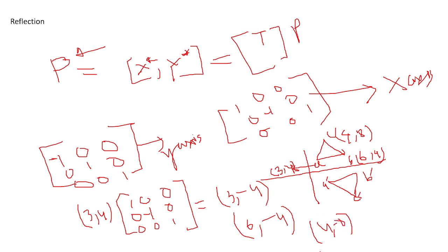So the new coordinates we are getting as A dash, B dash and C dash are 3 comma minus 4, 6 comma minus 4, 4 comma minus 8. Okay, so you need to be careful whenever the question is giving us that with respect to x-axis, in that context you have to mention your transformation matrix and convert the coordinates. Okay, so next we'll come to rotation.